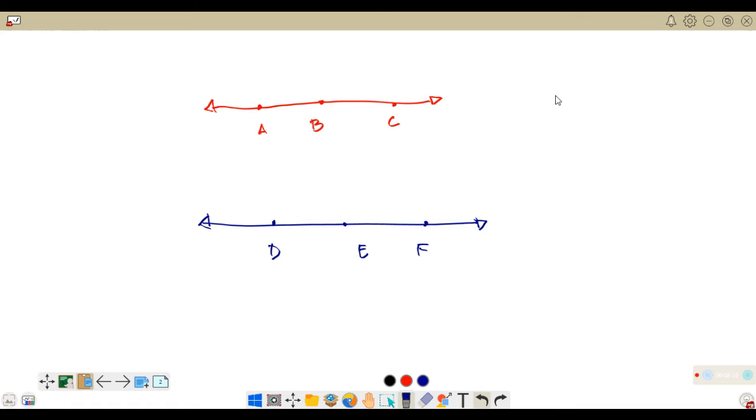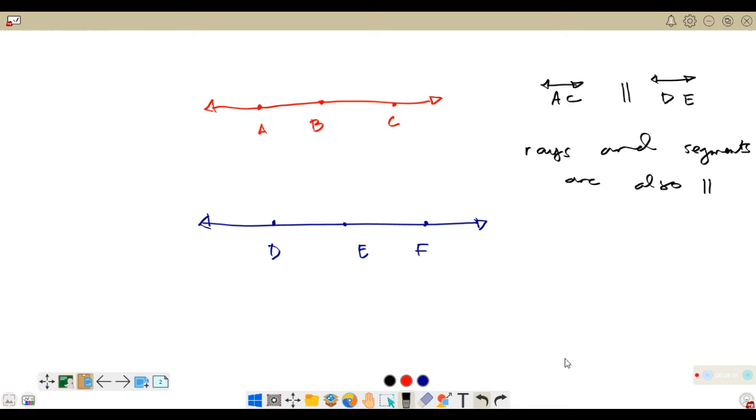So, meron dito tayong line. Mag-define tayo. Line AC is parallel to line DF. So, yung mga rays nila and segments are also parallel. For example, meron tayong ray AB.